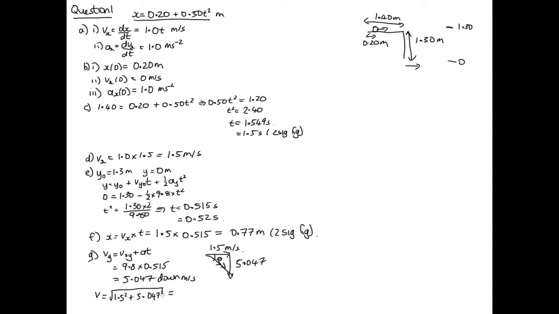And doing that, we end up with 5.26, which is 5.3 meters per second to two significant figures. But we also need to give the direction, so we need to find this angle here. So tan theta is equal to opposite over adjacent, so that's 5.047 over 1.5. And solving that on the calculator, we end up with 73 degrees. So we should say 73 degrees below horizontal.